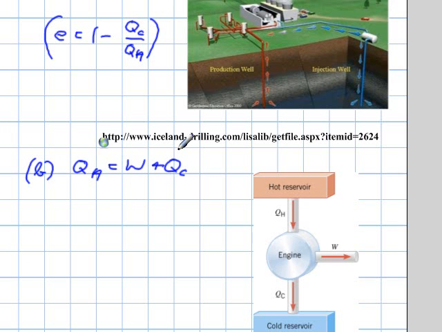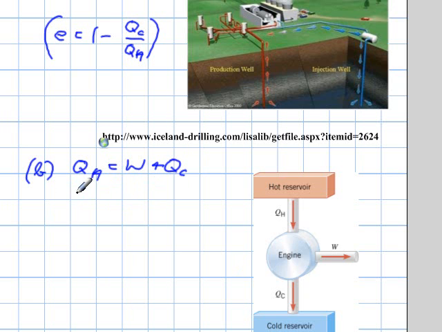The W is given. That was the 84,000 kilowatts, which is 84,000 kilojoules per second. Again, here we have two variables though, QC and QH. However, there is a second equation that we can apply now, which is that the efficiency is work divided by QH.